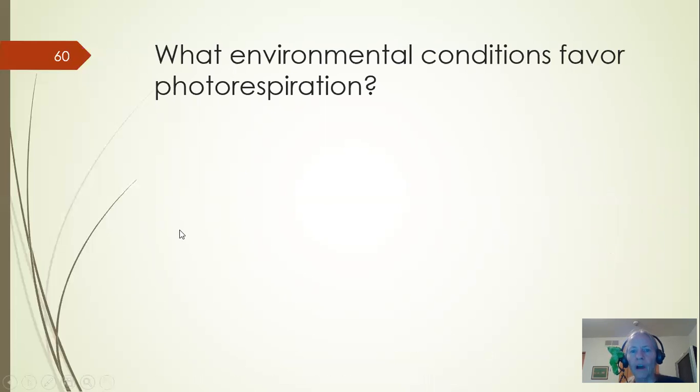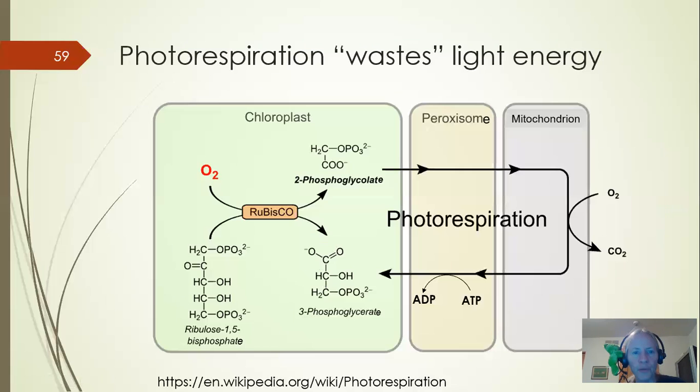So what are those environmental conditions that favor photorespiration? And by the way, this process of adding an oxygen is called photorespiration, and you can see why. We're using light energy, but instead of using that to add CO2, we are adding oxygen and giving off carbon dioxide.